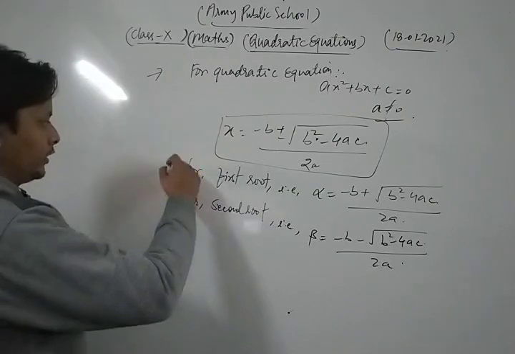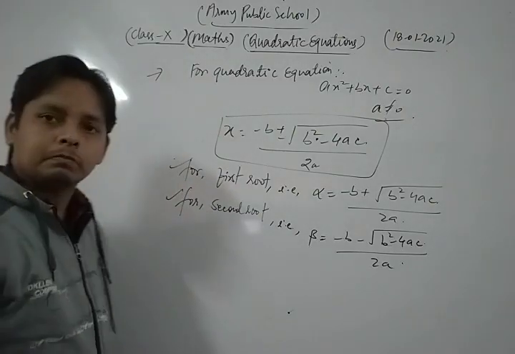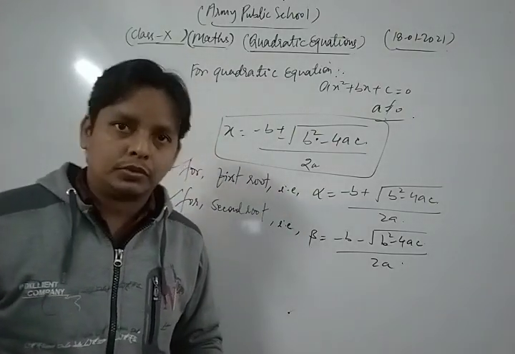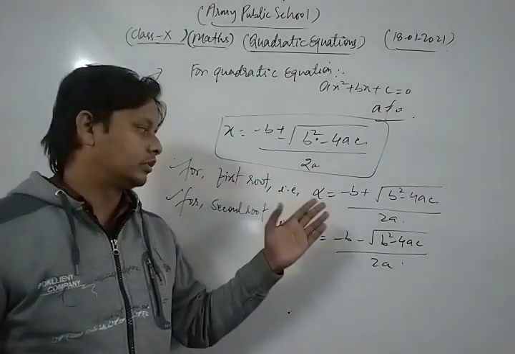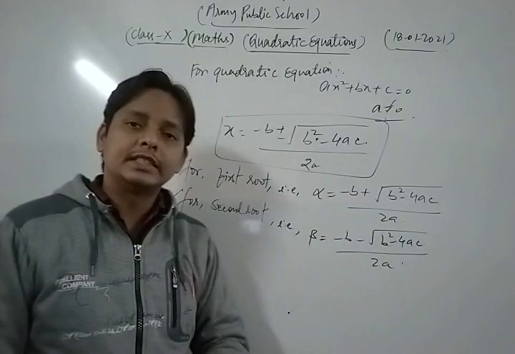So for the first root we take positive, and for the second root we take negative.